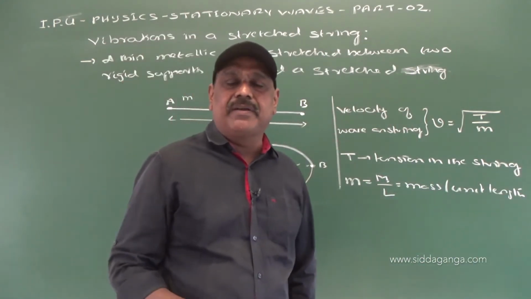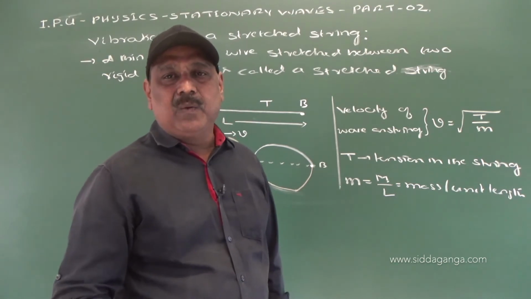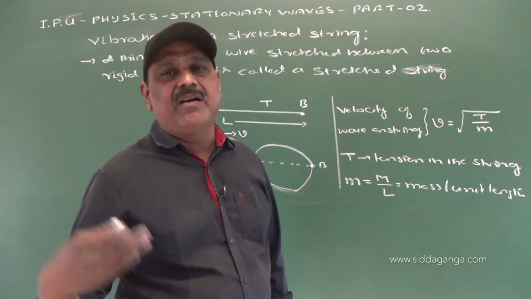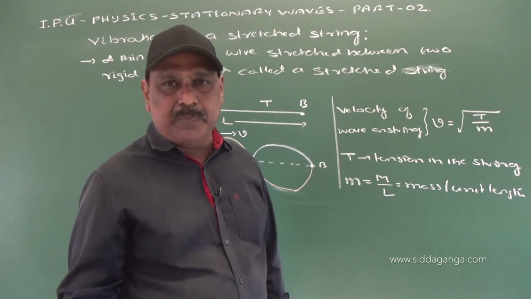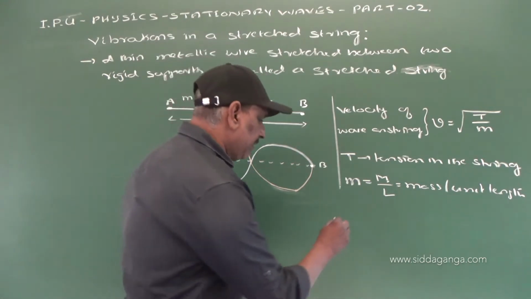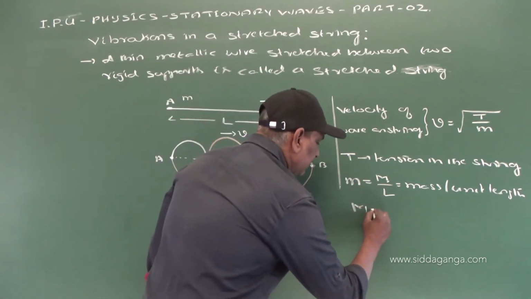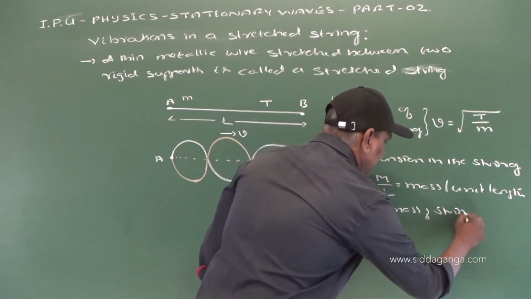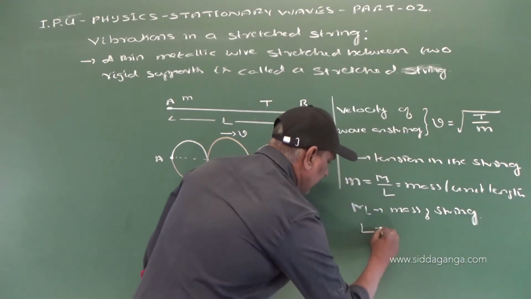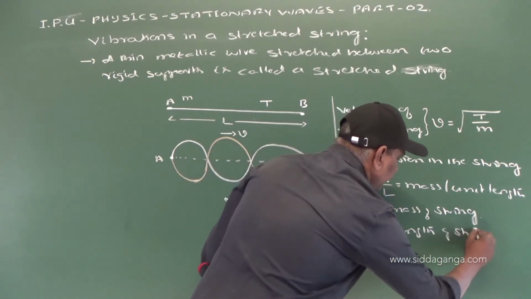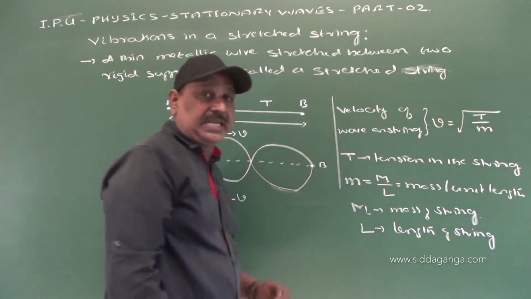Volume density of a body is mass by volume, and linear density of a string or a wire or a rope is the mass per unit length, where M is the mass of string and L is the length of string. Remember this equation.